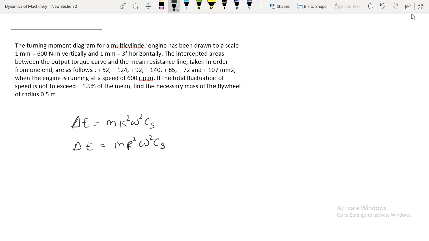So this relation we were using in the previous problem, and this relation we are going to use in this present problem, because the only difference is that in the previous problem he has given the radius of gyration k, and in this problem he has given the radius of the flywheel, that is capital R, which equals 0.5 meters. So by using this data, we are going to find the mass of the flywheel. Now let us continue the problem.